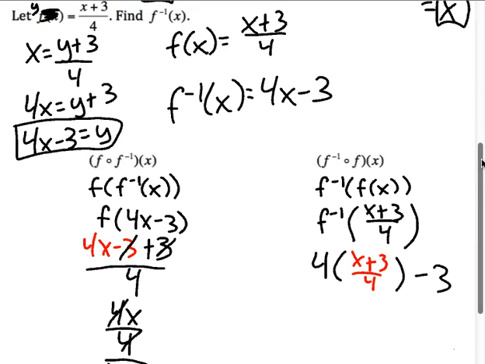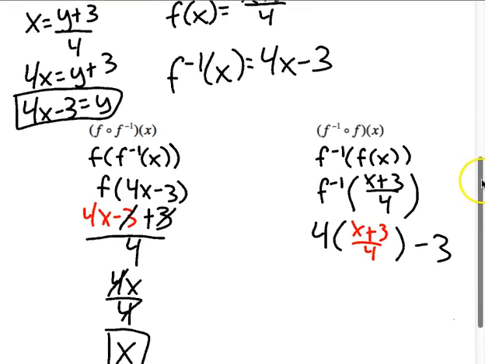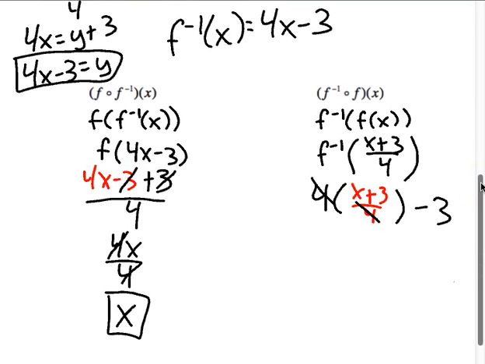Substitute my original function into my inverse function. These 4s cancel, and 3 minus 3 cancels. So that very same thing happened again. I'm left with just x.